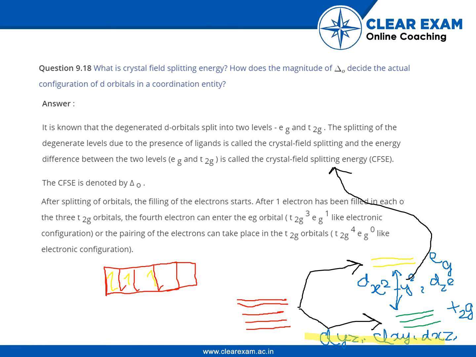See, it can possibly go in two ways. First of all, it can go into this orbital. This is the first case, and its configuration is T2g3 and Eg1. What will be the second case? I'll draw again.